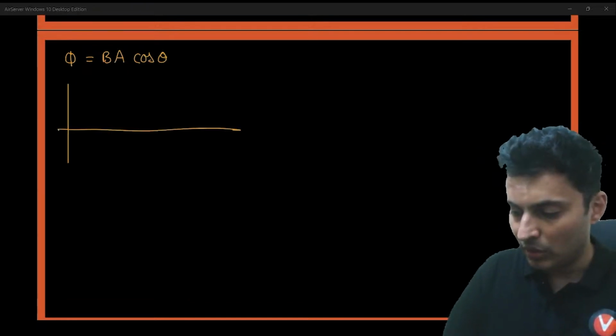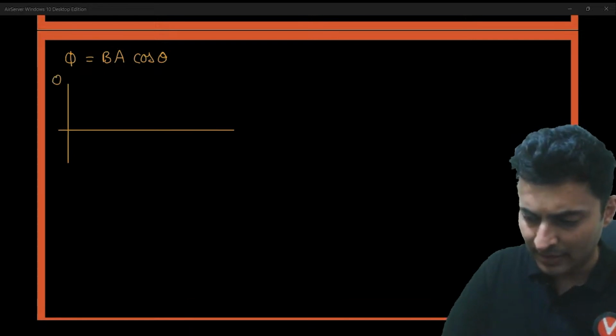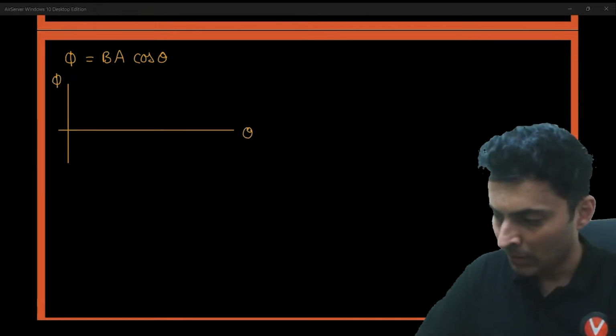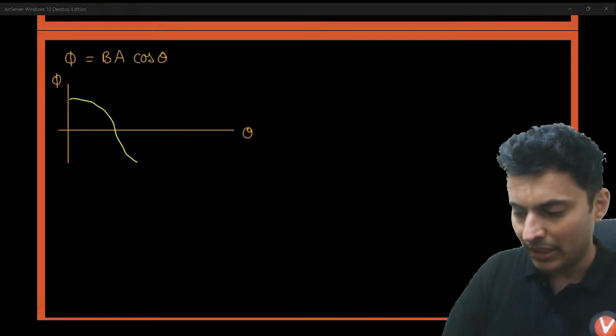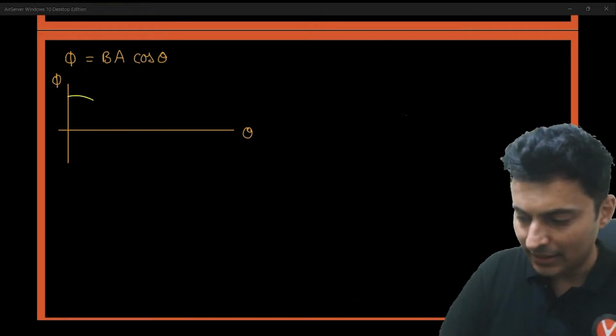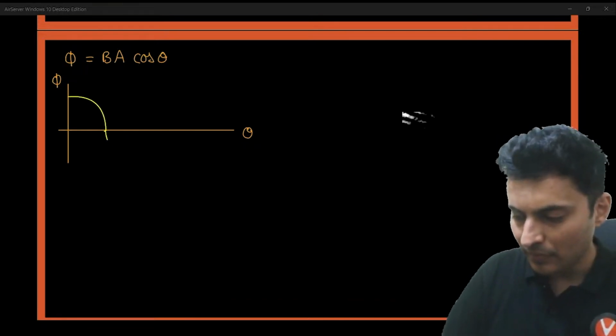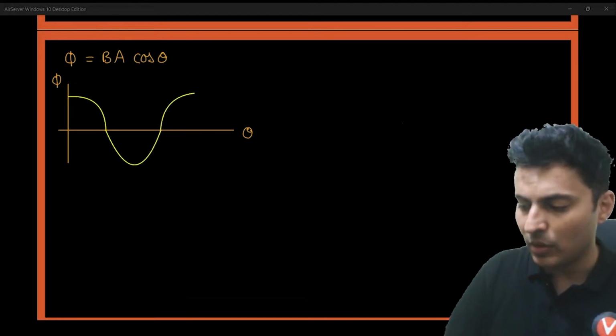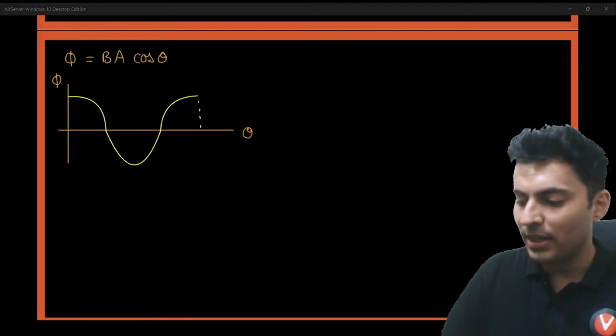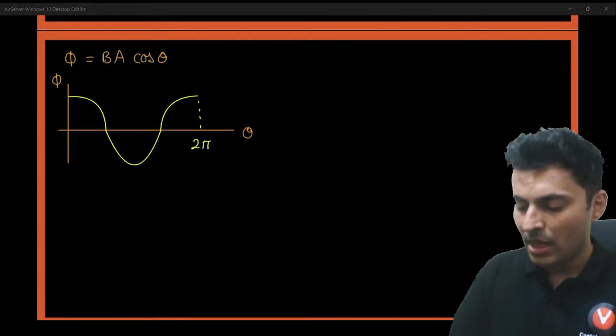So if one were to draw the graph of flux with respect to theta, it will look just like a cos graph. That's how you would expect it to be.